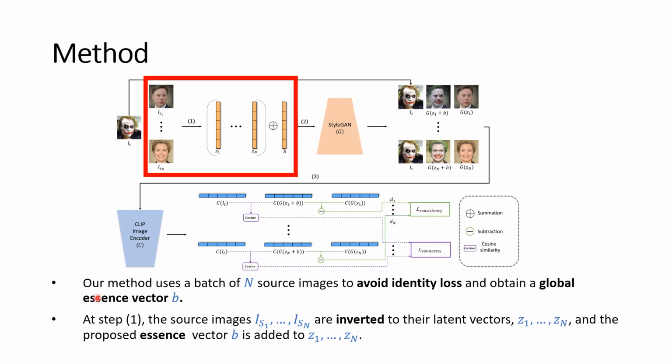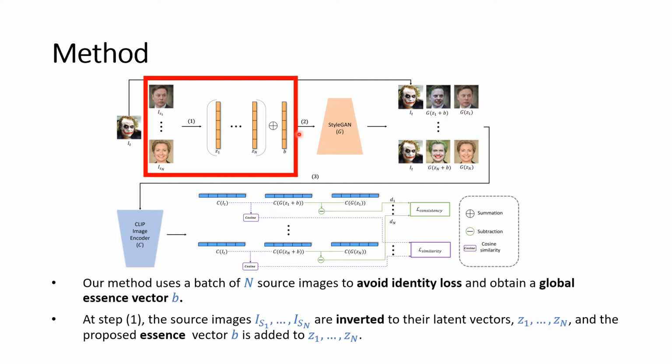Let's discuss the method we use to extract an essence vector B for the target image I_T. First, it's worth mentioning that our method uses a batch of n source images to avoid identity loss of the sources and obtain a global essence vector B. At step 1, our method inverts the source images I_S1 to I_Sn to their corresponding latent vectors, which we notate by Z1 through Zn.